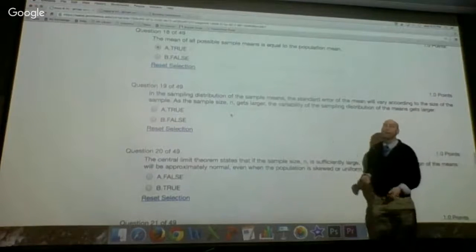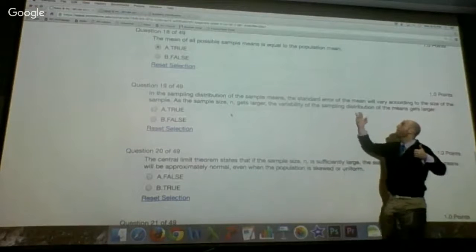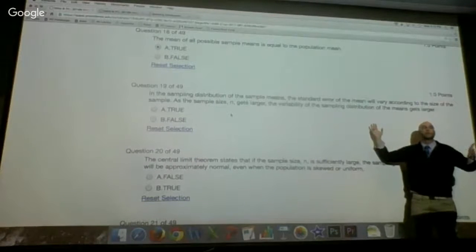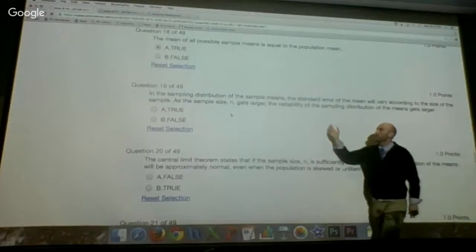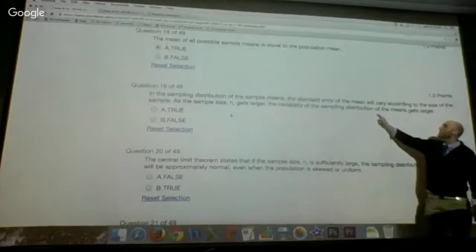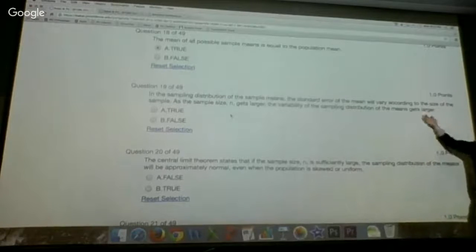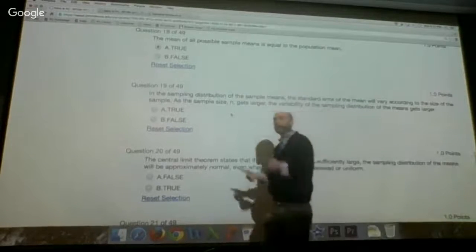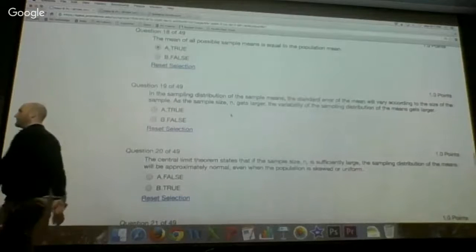As sample size n gets larger, the variability of the sampling distribution, variability like variance, variance like dispersion, dispersion like standard deviation. As the sample size gets larger, the standard deviation of those blue dots gets larger. It's the other way around. It's an inverse relationship. As n gets bigger, the standard deviation of the means gets smaller.